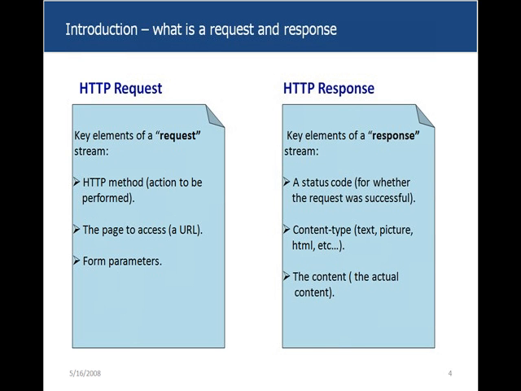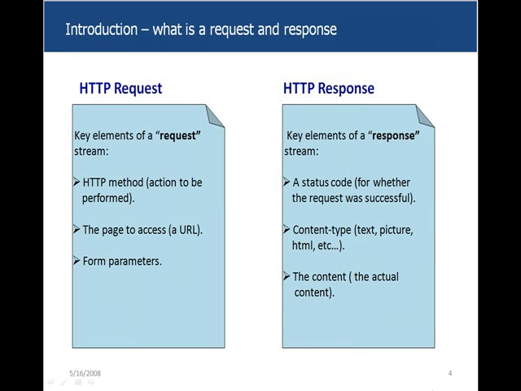So when the server sends the client the content type, the web browser basically takes that in, and depending on the content type, it renders the information to the end user. So if the content type was a jar file, the browser would have opened up a dialog box allowing the end user to save that jar file on the desktop. Okay, so this is very important, the content type.